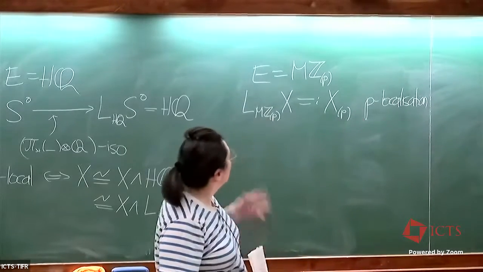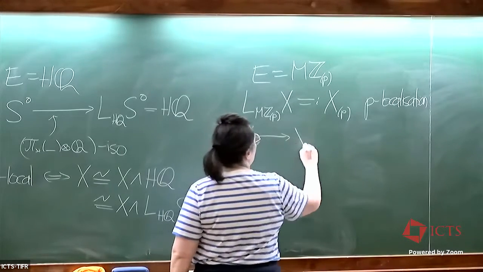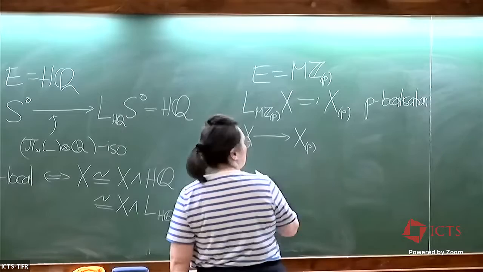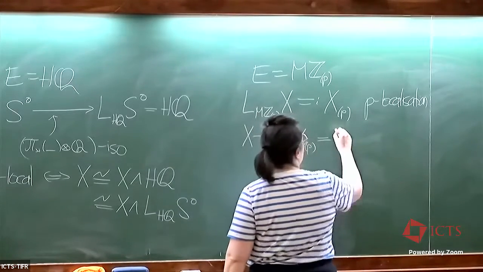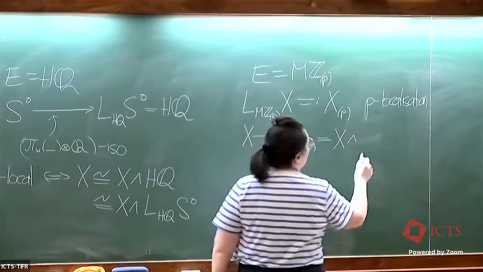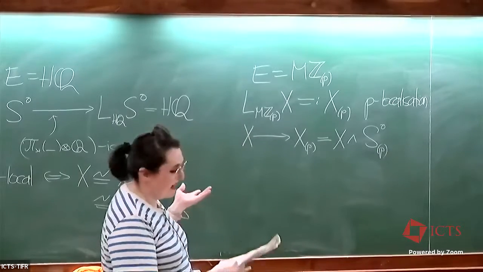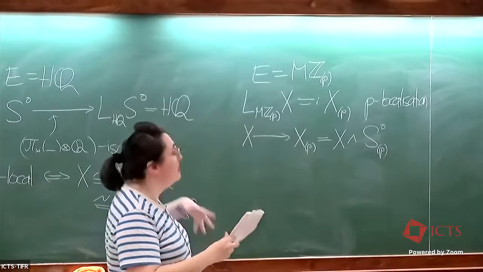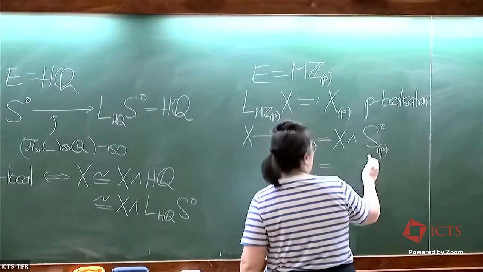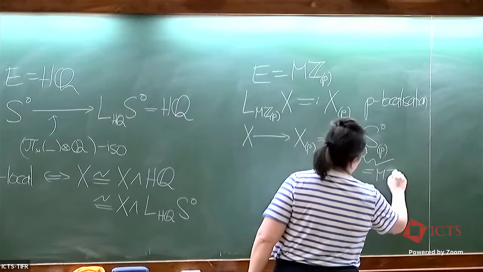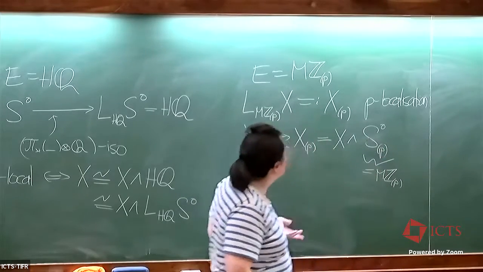And one can work out that this localization map is exactly, again, smashing with the P local sphere, which you can find out by plugging it in there, and this is also the P local sphere, and that these are the same thing.